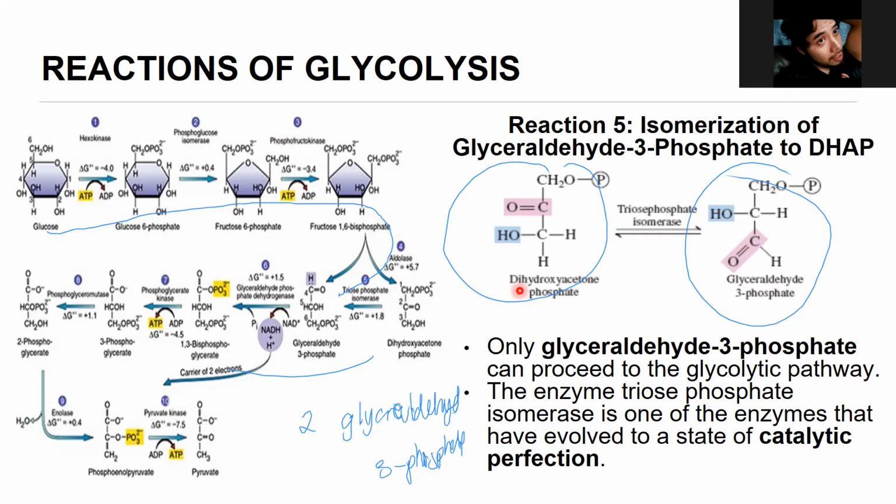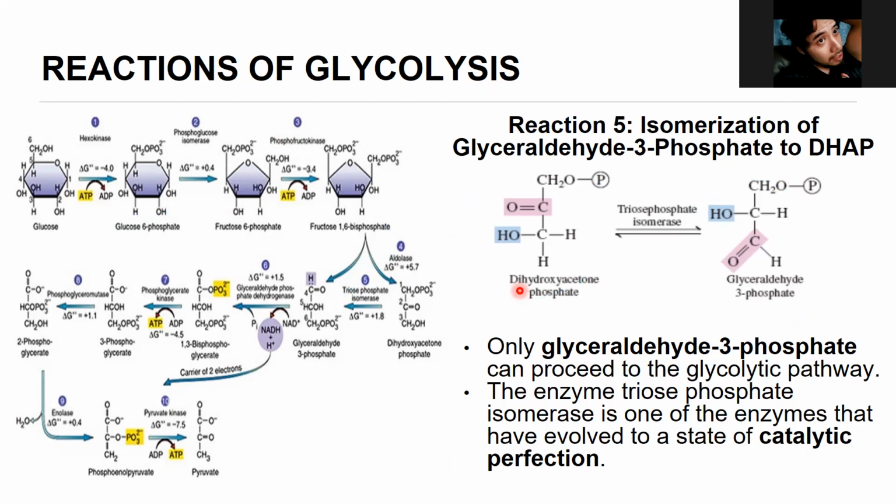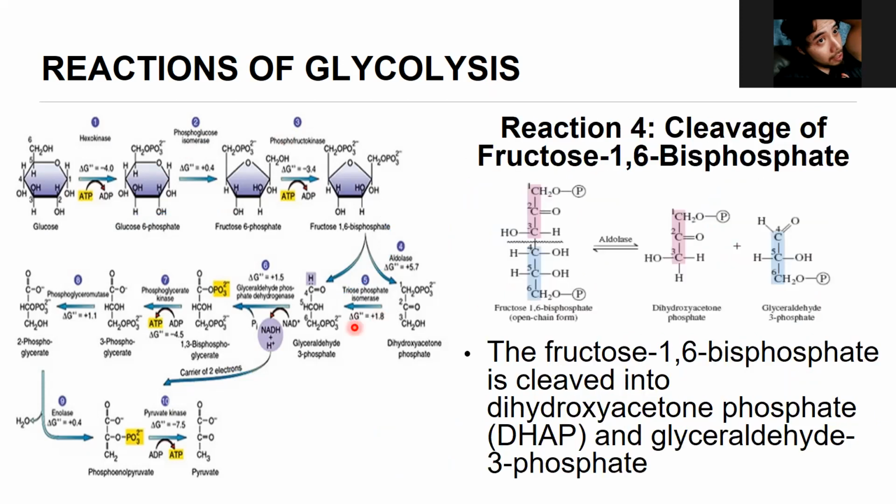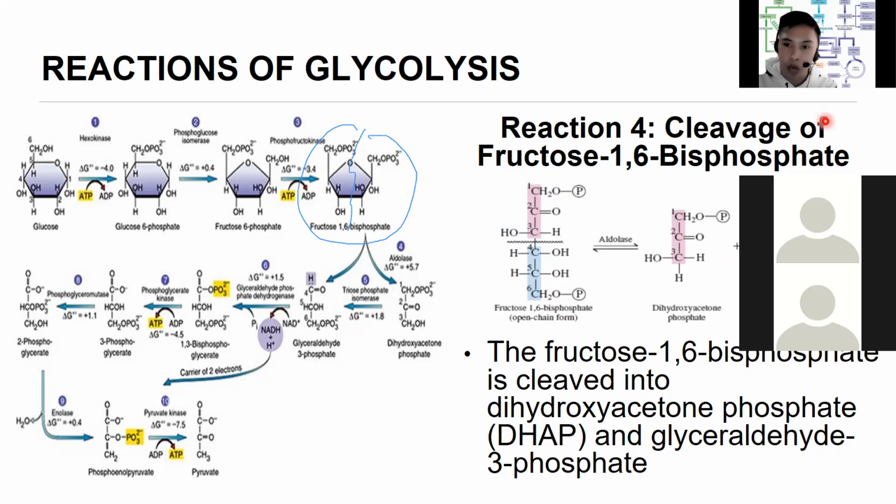Okay. Sige. So again, reaction 4 of the glycolysis cleaves, no, di ba? You end up with fructose 1,6-bisphosphate. So it is being cleaved asymmetrically. When I say asymmetric cleavage, you produce two types of product. So the first product is your dihydroxyacetone phosphate.